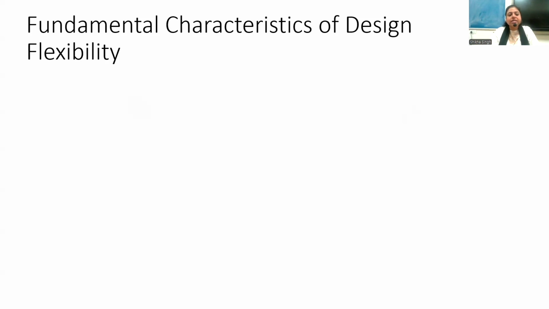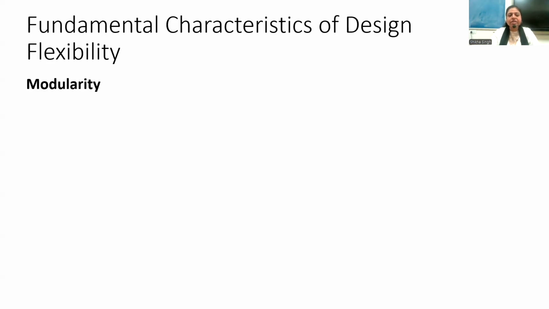So moving to the next thing, that is the characteristics of design flexibility. It is all very clear so far what design flexibility is and how we can include design flexibility in different products. Examples we have seen.